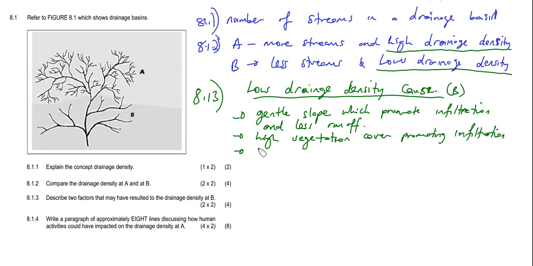We're done with the gentle slope, and we're done with the vegetation. So you can also talk of high permeability and high porosity of soil.